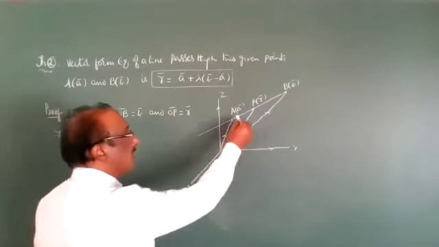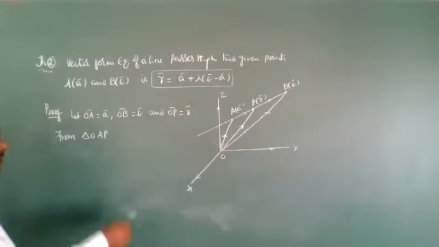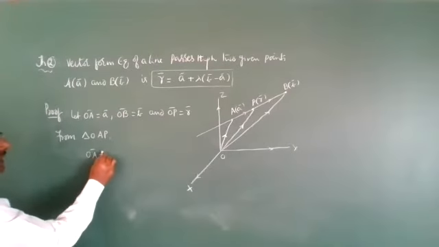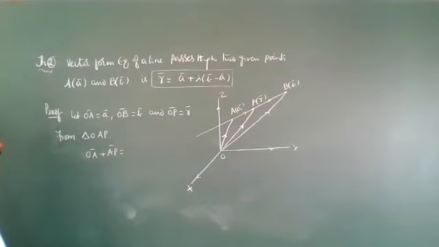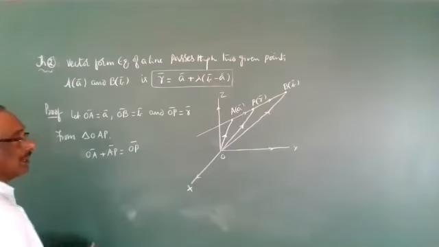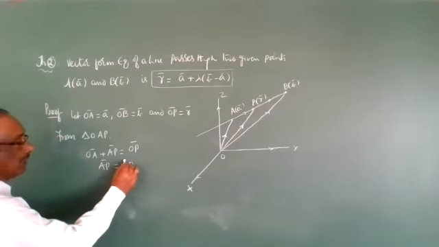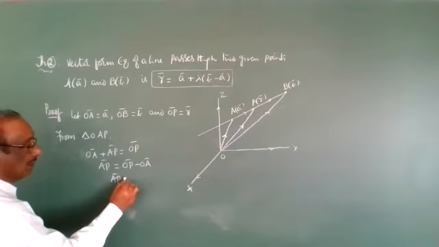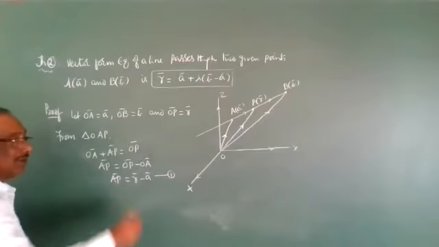The direction is moving from A to B, so OA bar plus AP bar is equal to OP bar. AP bar is equal to OP bar minus OA bar. So AP bar is equal to R bar minus A bar. Let it be equation number 1.